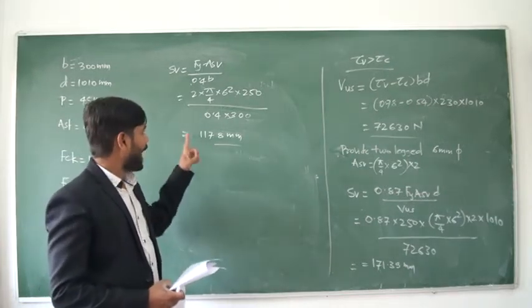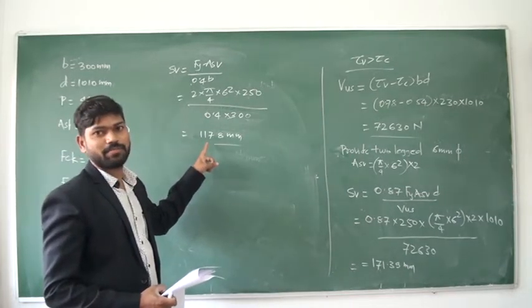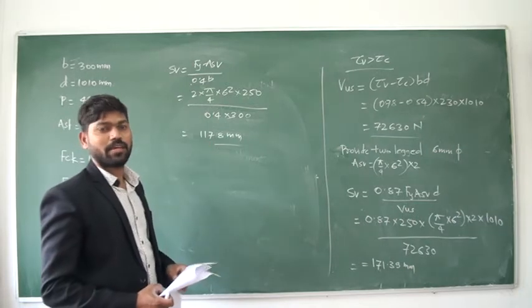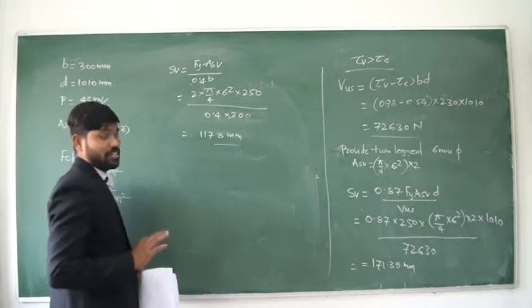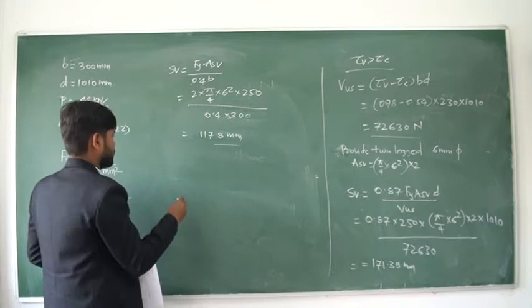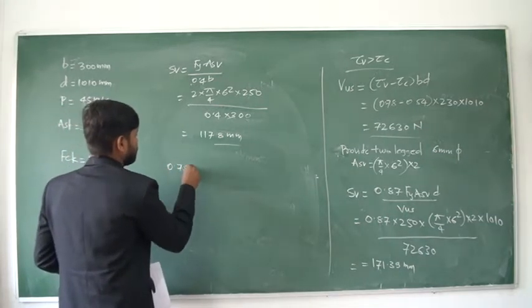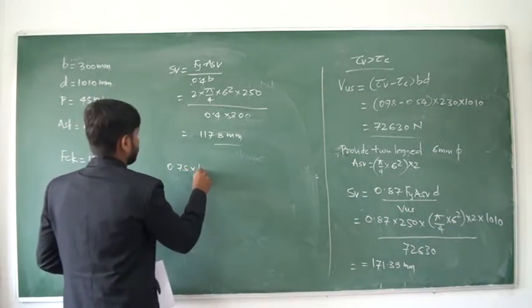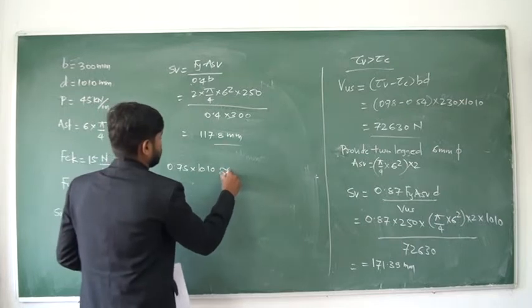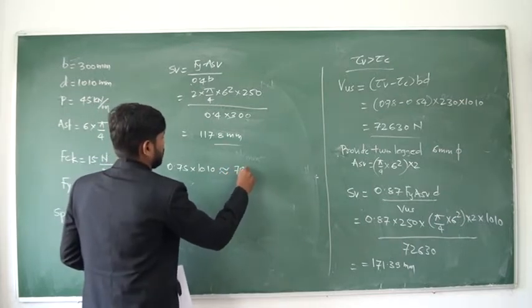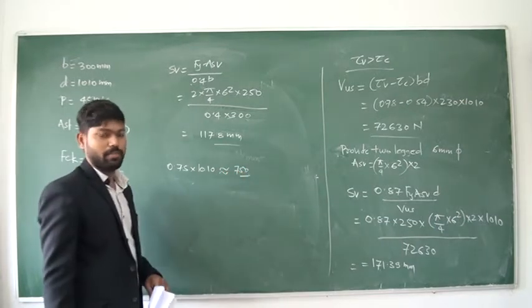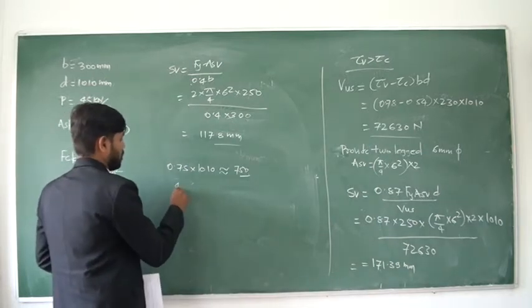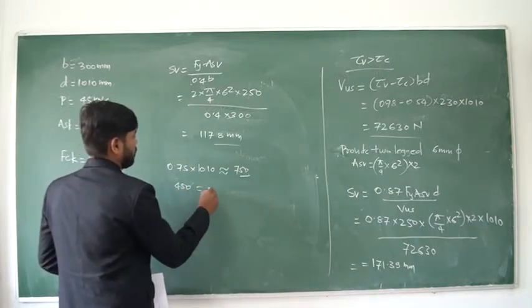You have to provide at least this spacing. Again this is not enough. You have to do more checks, that is 0.75 d. 0.75 d, with d as 1010, is approximately equal to 750, and 450 mm.